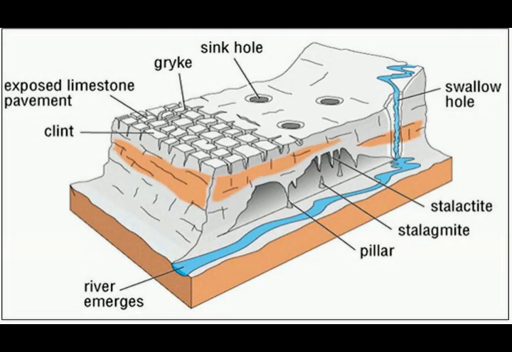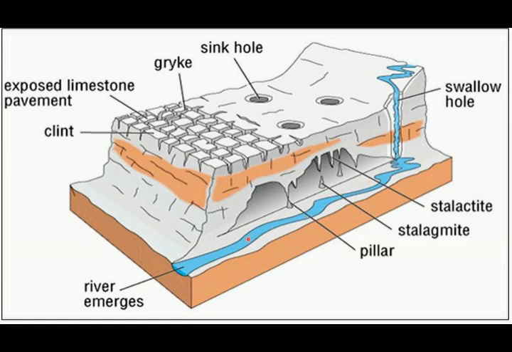All right, now here we have a diagram showing you the limestone pavement, and on the limestone pavement you can see the rocks known as the clints and the space between them known as the grikes. But our main feature though are the sinkholes. So here are the sinkholes, and here's another sinkhole or swallow hole right here where the river has disappeared, and the river is going to now flow beneath the surface because it encounters a layer of impermeable rock.